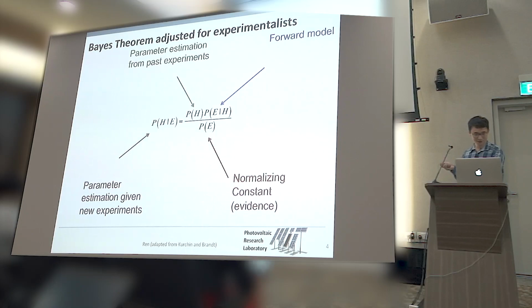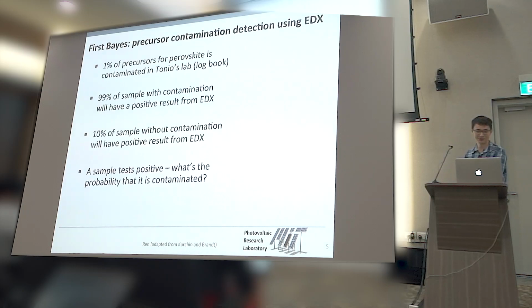So now, knowing the form of the Bayes equation, we can start with a very simple problem. We start to solve our first Bayes problem. In this case it is precursor contamination detection using EDX. So let's say 1% of precursors for perovskite materials are contaminated in Tonio's lab.